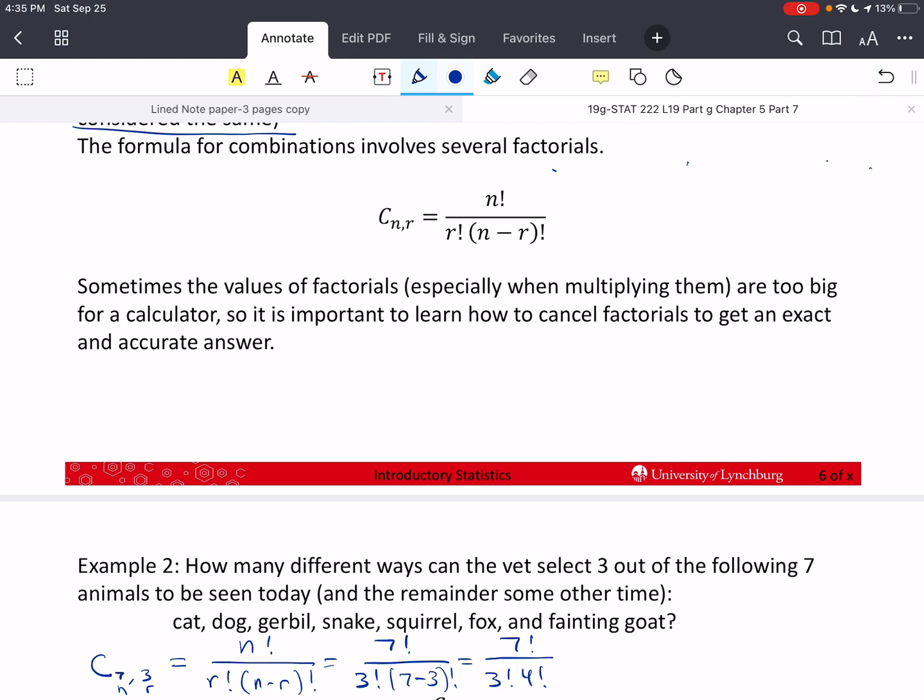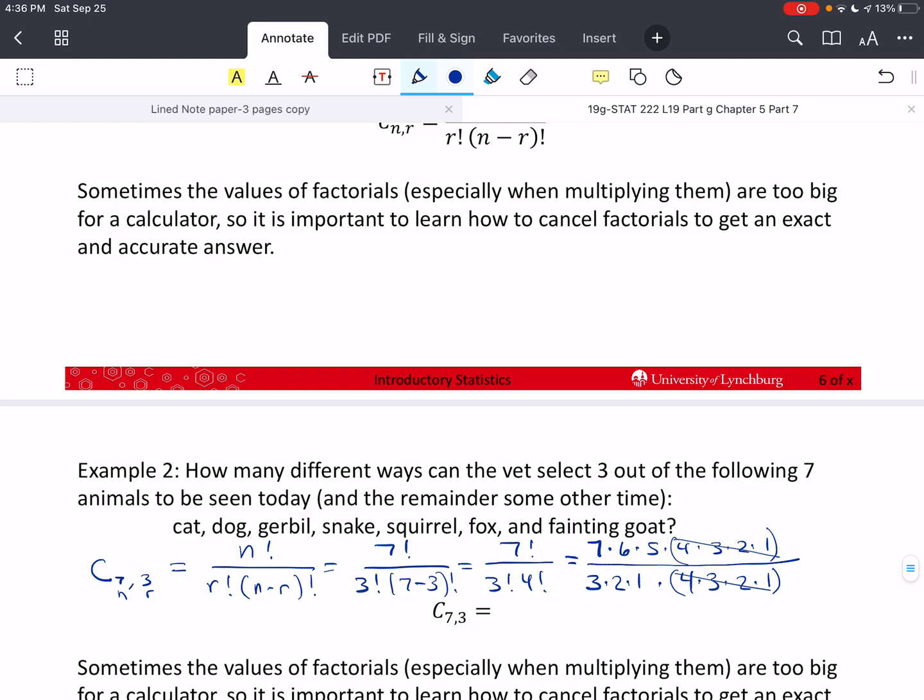Now I'm going to simply write out the definition of these. So this is 7 times 6 times 5 times 4 times 3 times 2 times 1. I write out 3 factorial, 3 times 2 times 1, and 4 factorial, 4 times 3 times 2 times 1. I'm going to use the largest factorial here to cancel out the most numbers out of the numerator first. So I can put parentheses around these, and then those are gone.